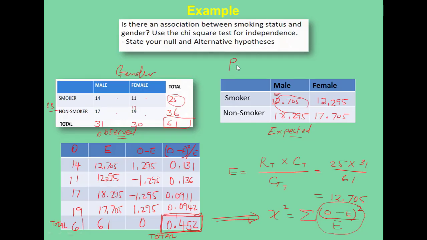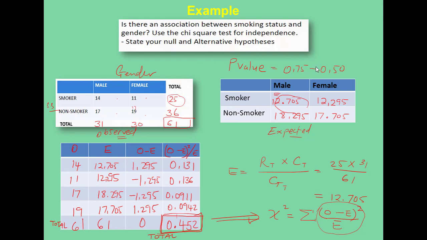Our p-value is somewhere between 0.75 and 0.50, right? It's a high p-value, so the null flies high, which means that there is not sufficient evidence to reject the claim that there is no association between gender and smoking status.